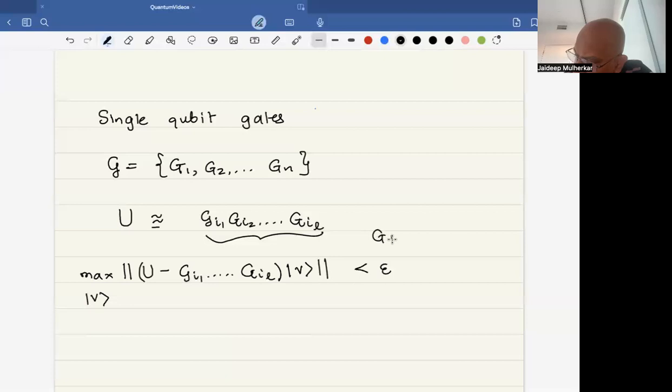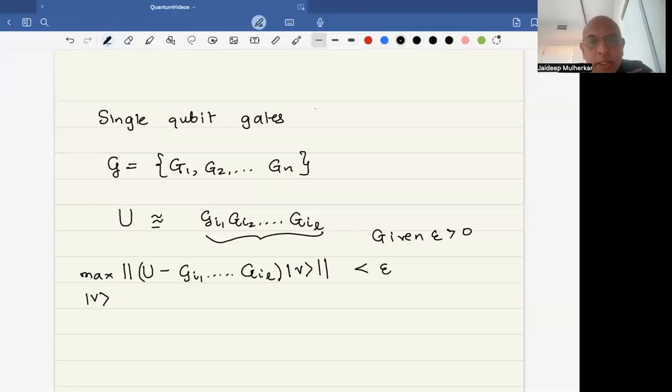So given epsilon greater than 0, the distance between the target unitary U and the gate sequence G_i1 ... G_iL can be made smaller than epsilon for L large enough. As you increase the number of gates, the approximation gets closer and closer.